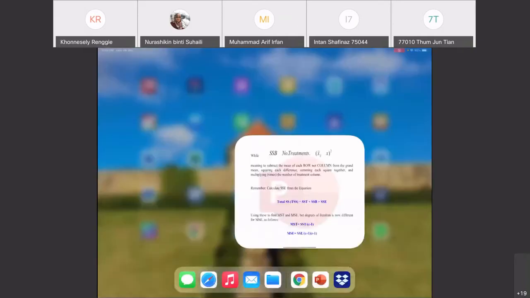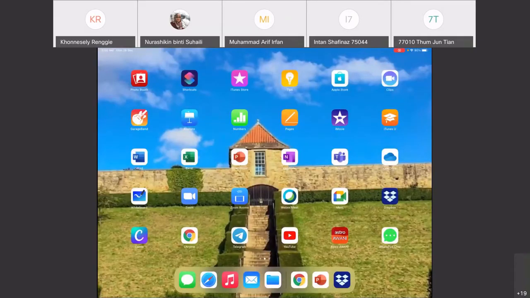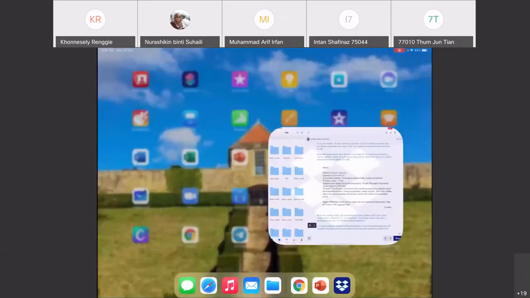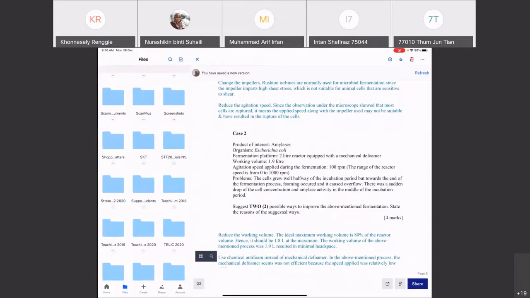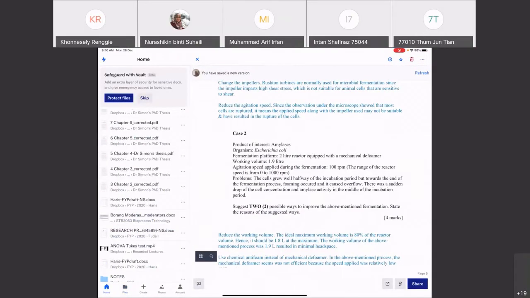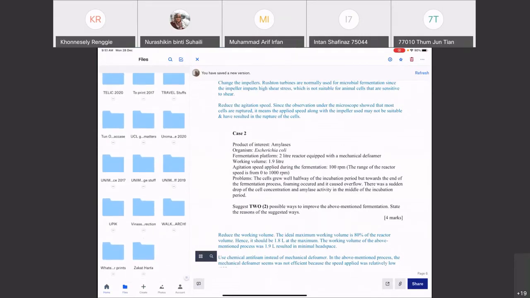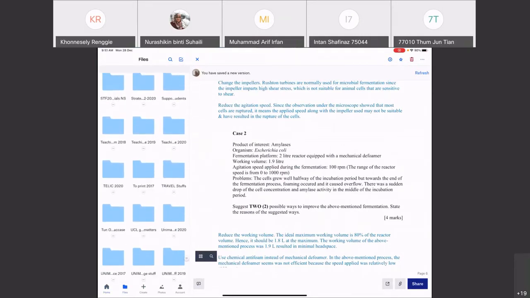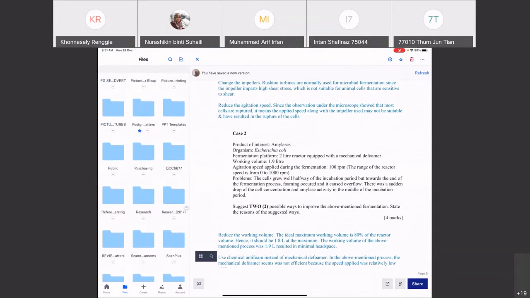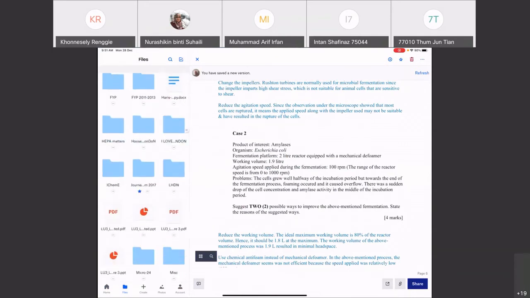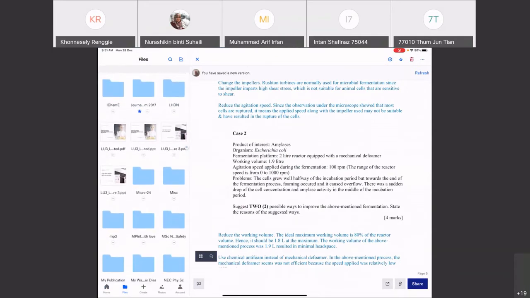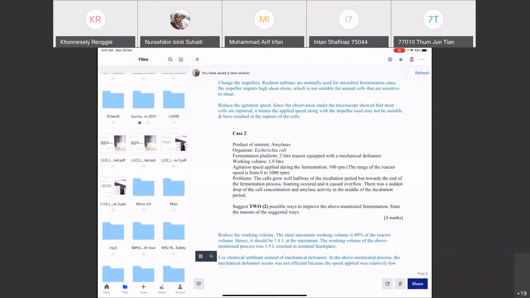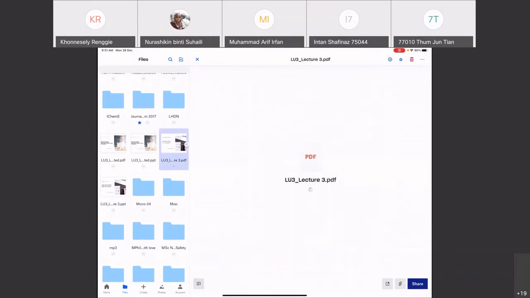Okay, wait. Let me open the PDF file. Sorry for that. Hold on, guys, because the PowerPoint slide has missing symbols, because this one is on iPad. Okay, let me see this one.